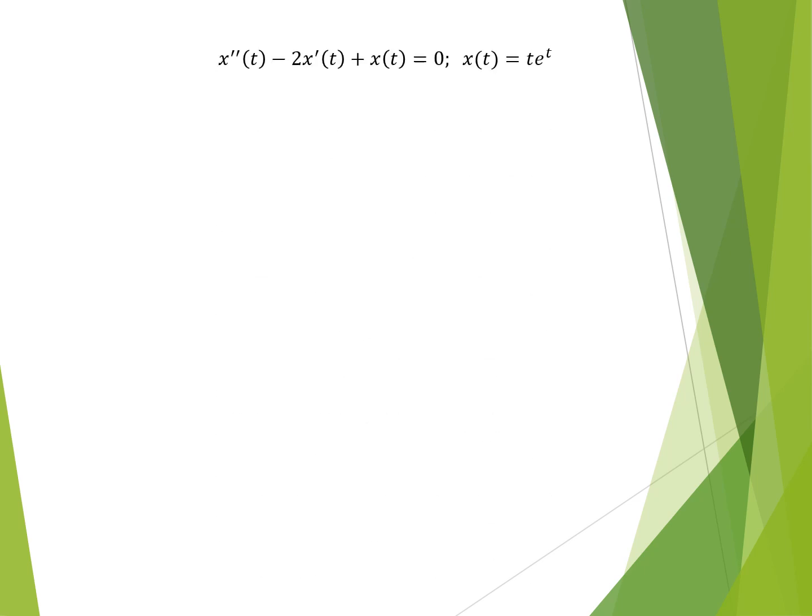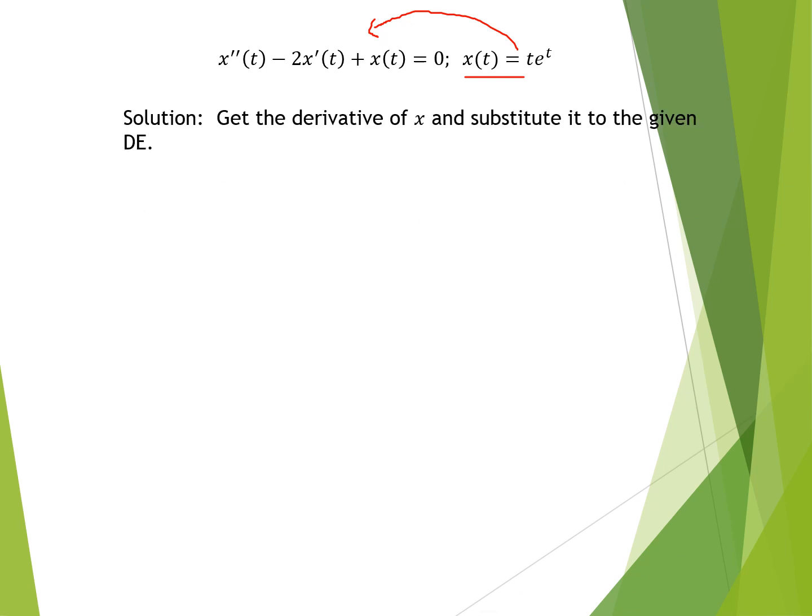Next, let's see if this will satisfy this differential equation. We need the first and the second derivative. The function is t e to the t, so use the derivative of a product. The first derivative is t e to the t plus e to the t times the derivative of t, that is 1.